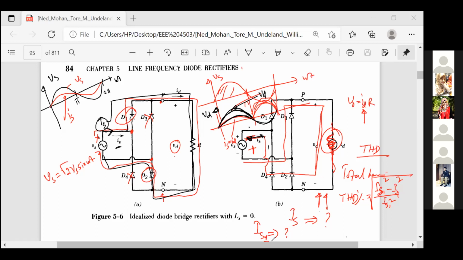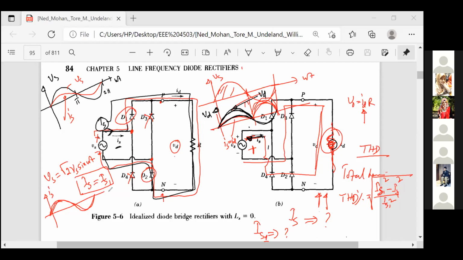Okay. So look here, for this resistive load, the current will have the wave shape of a sinusoid. This is your IS. So your IS will have the same value as IS1 because there is no distortion. It is the same sinusoidal, same frequency as your input voltage.